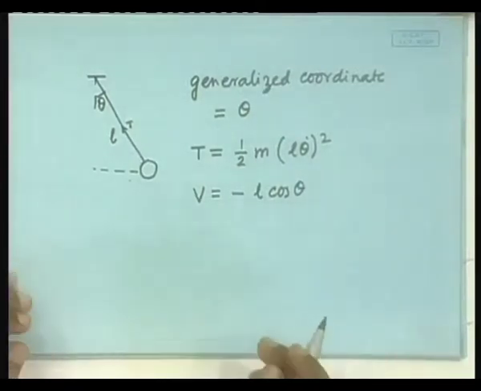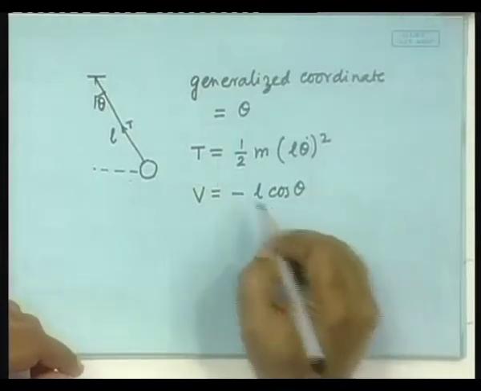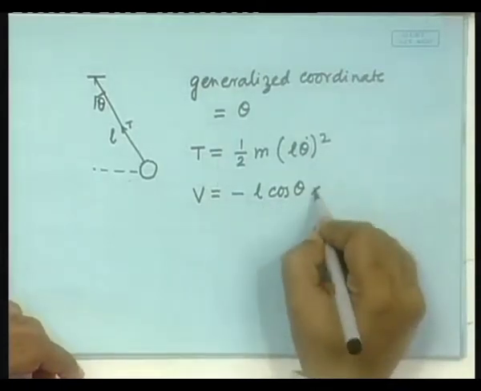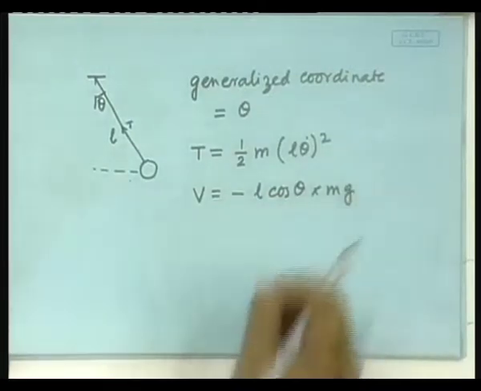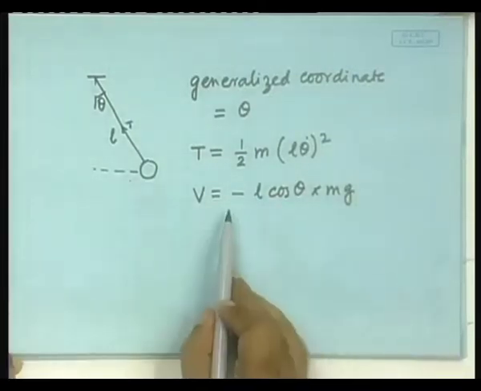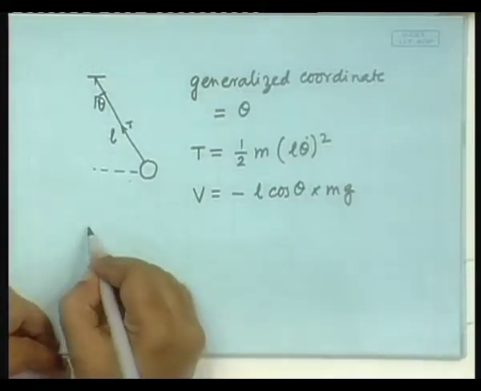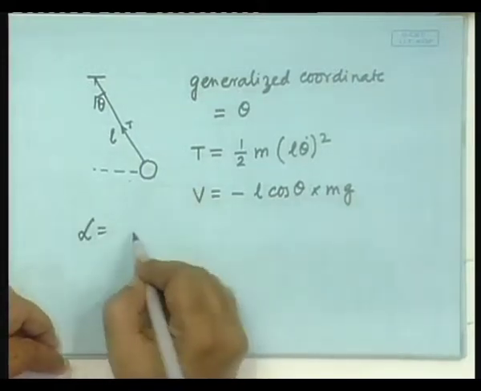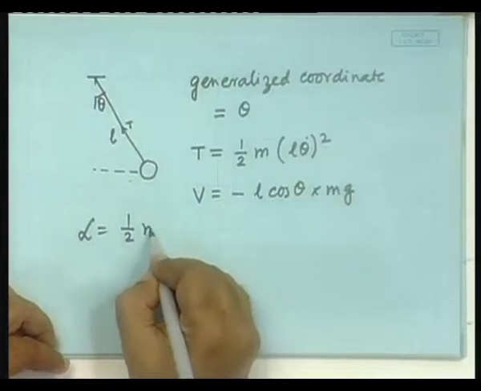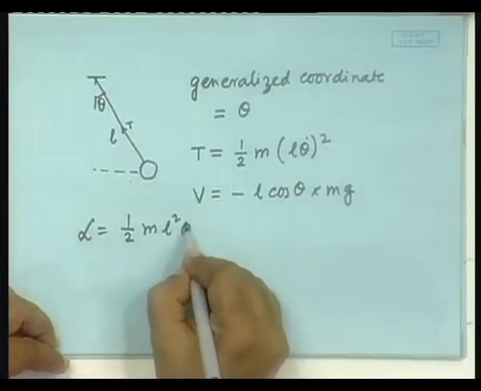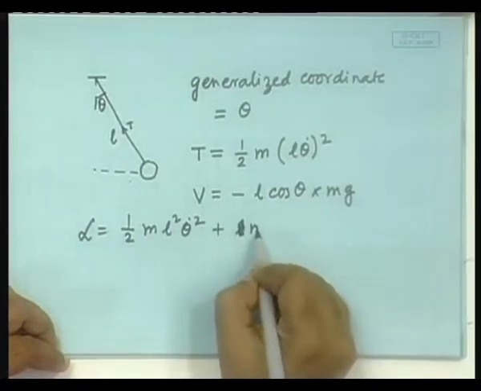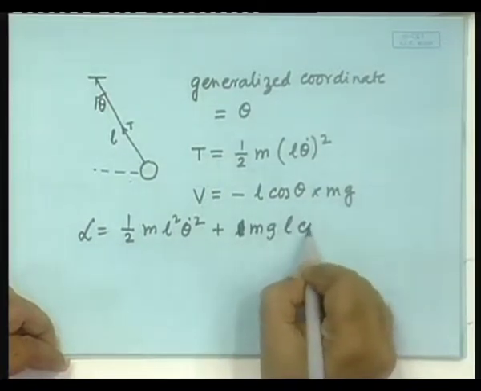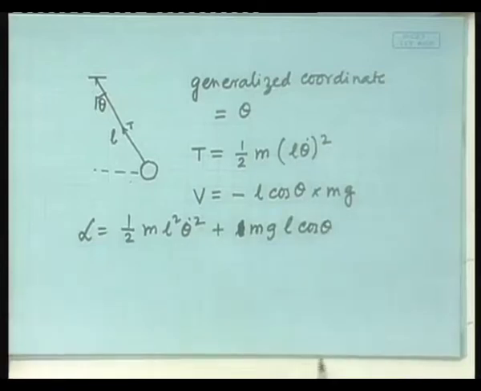Yes, L cos theta, mg has to be there. So, your Lagrangian function is T minus V, half m L square theta dot square plus m g L cos theta.